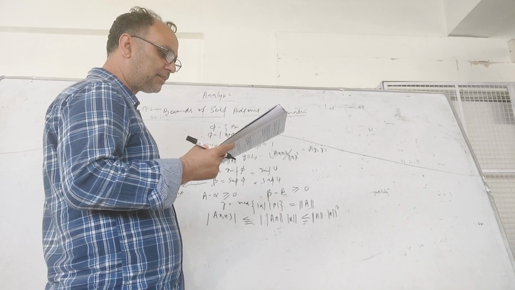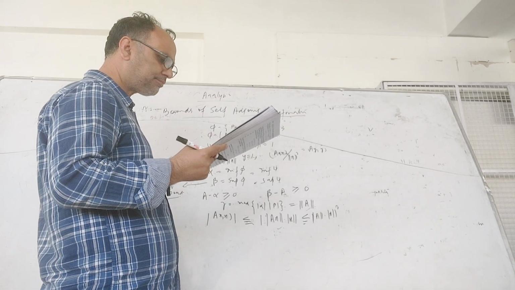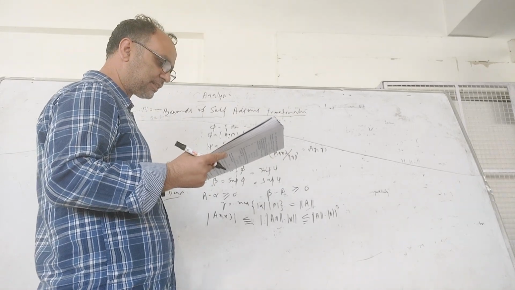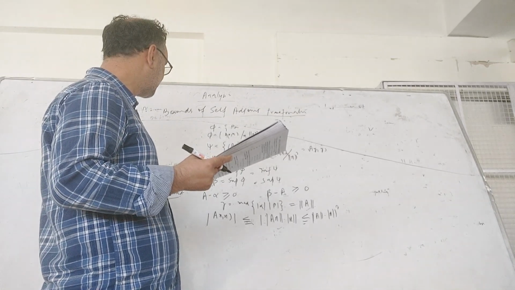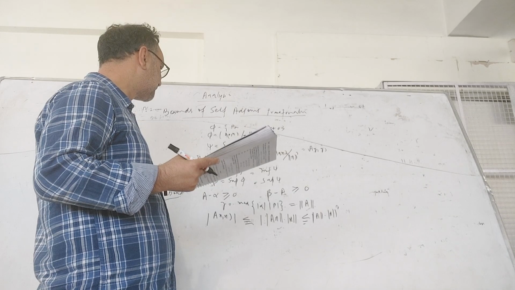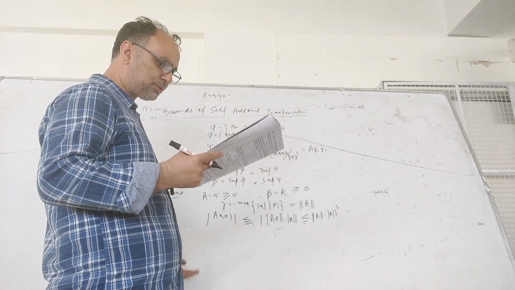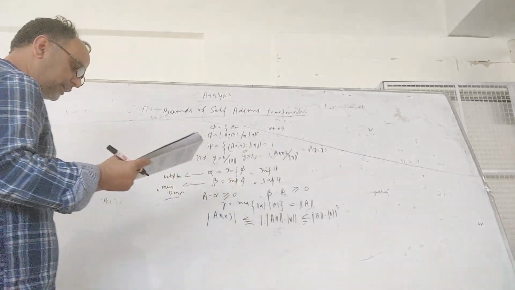Now to prove the reverse inequality, we can do it the way we did in the previous proof. So we can have gamma minus A and gamma plus A. In the proof, we can conjugate the two.